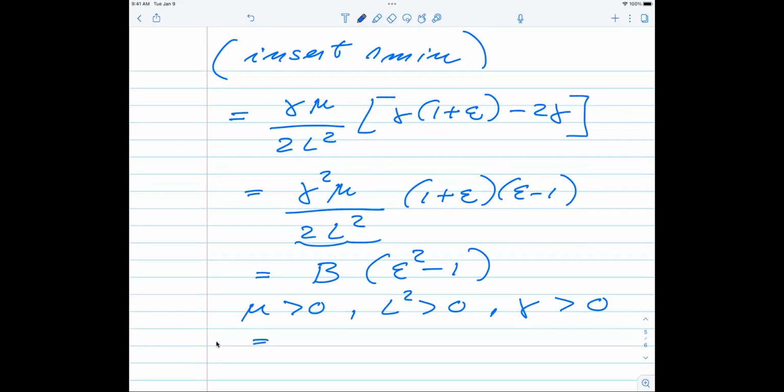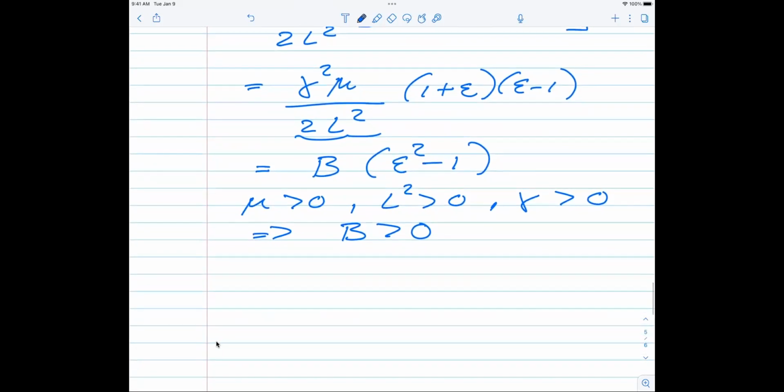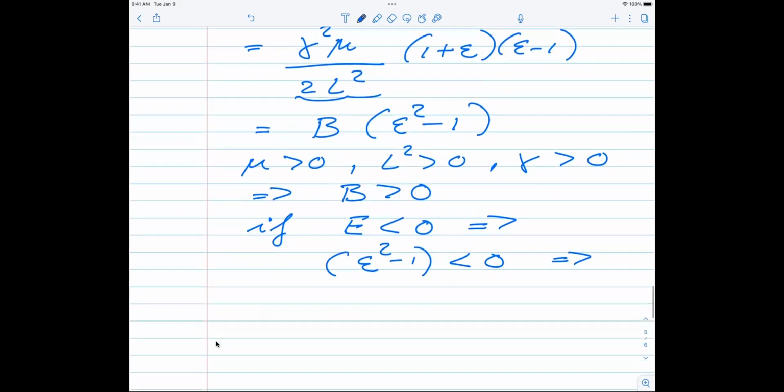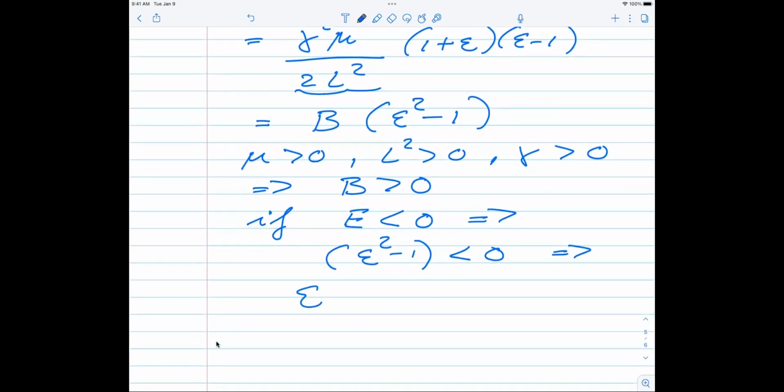And that means obviously that this term B must be larger than 0. So this means that if the energy is below 0, then it simply follows that this epsilon squared minus 1 has to be less than 0, which means that epsilon, which is a positive number, must be smaller than 1.